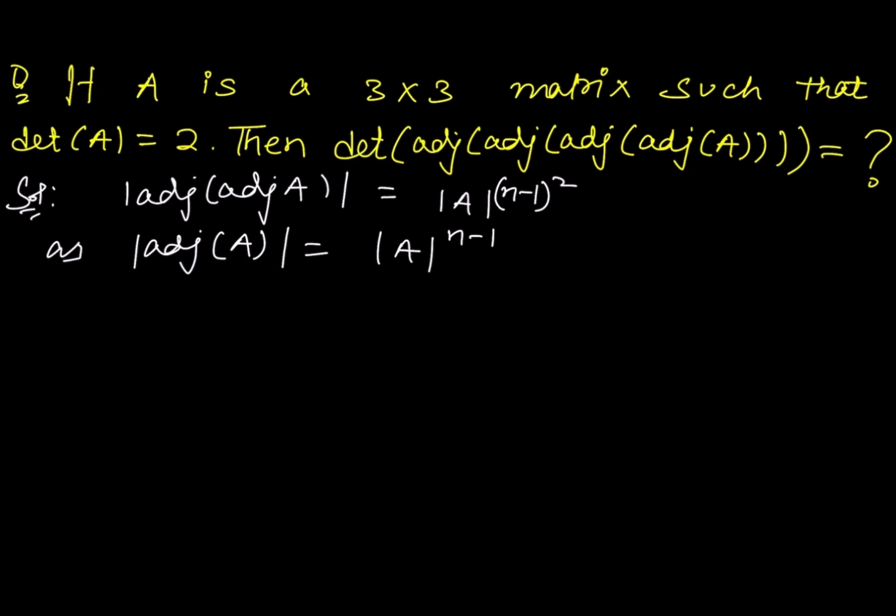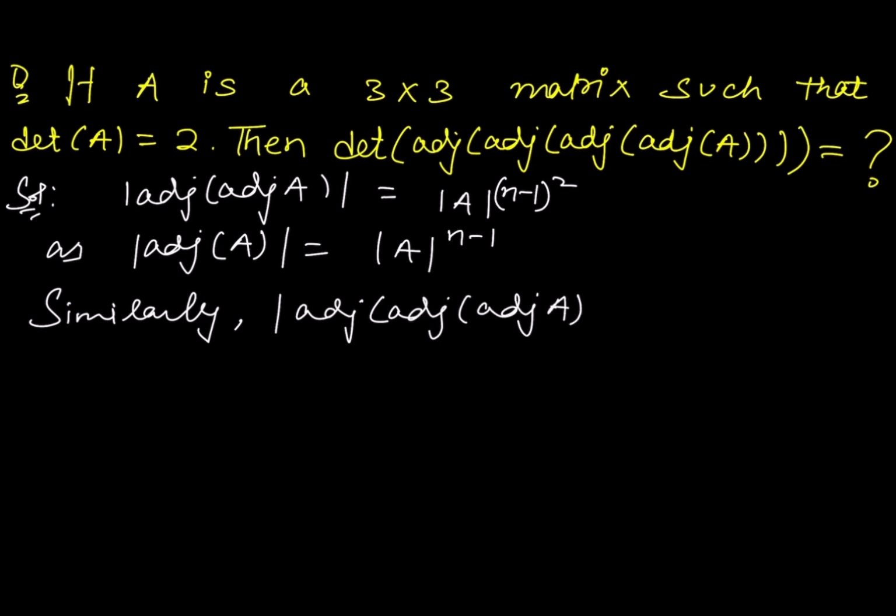So similarly, if I write determinant of adjoint adjoint adjoint A, meaning inside determinant I am writing 3 adjoints, then it would be determinant of A whole to the power n minus 1 whole cube.